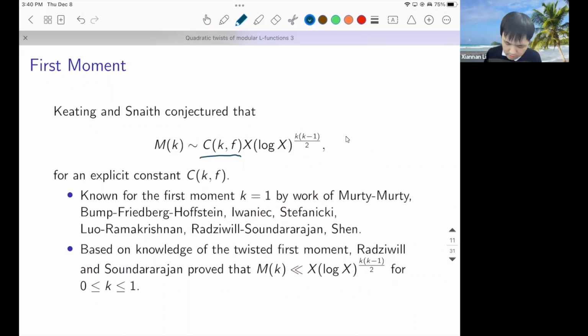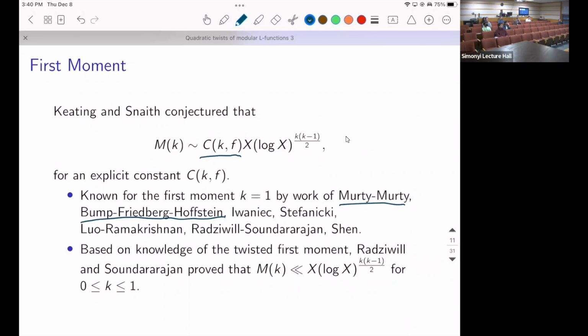Okay. So this is not known for too many moments, in the sense that it's not been rigorously proved for too many of these moments. So in particular, it's known for the first moment, when k is 1, by the work of Murty, Bump, Friedberg, and Hoffstein. So these first works were really concentrating on the first moment of the derivative of these L functions.